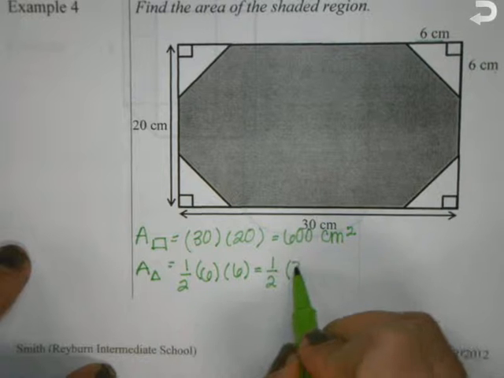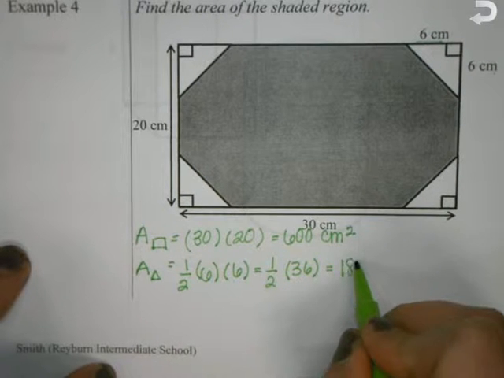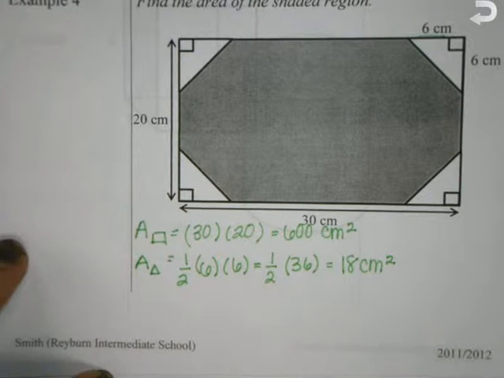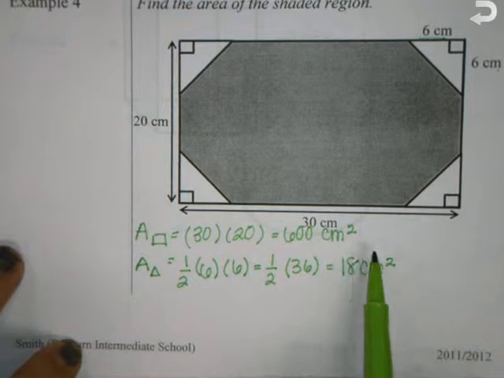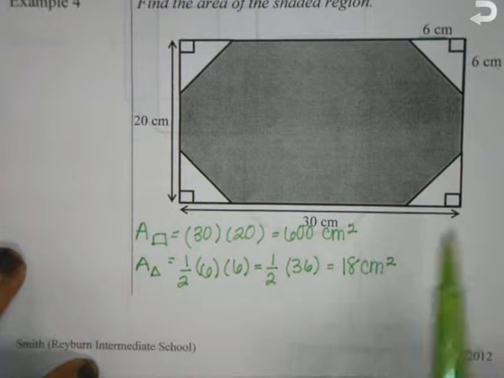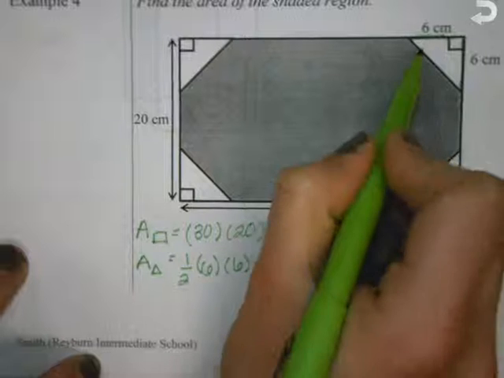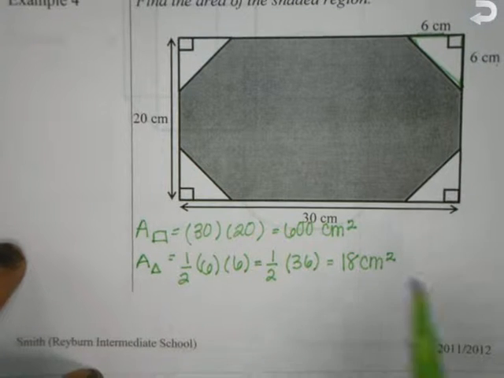Okay, so here's the area of the entire rectangle, 600 centimeters squared. The area of one of these corners is 18 centimeters squared. So if I were to subtract 600 minus 18, that would give me the area of the whole thing after I cut out one corner.